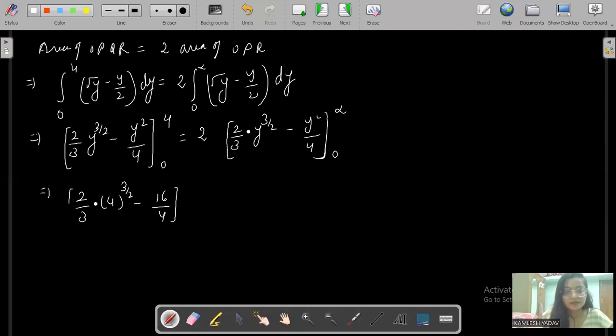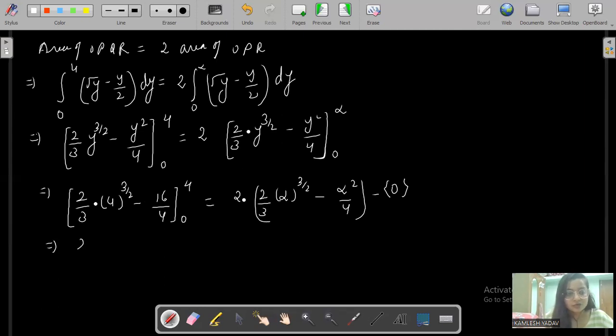2 by 3 into alpha all to the power 3 by 2 minus alpha square by 4, all to the limit 0 to alpha, which is equal to 2 into 2 by 3 alpha to the power 3 by 2 minus alpha square by 4 and minus 0. Because in all terms, if we put 0, then all terms become 0.